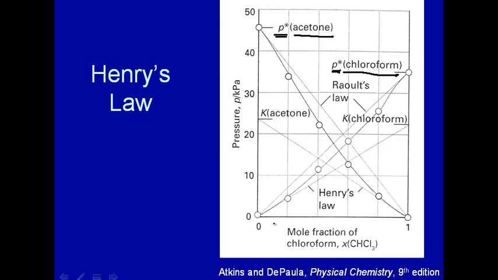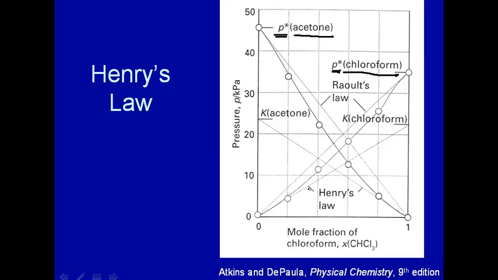Let's look at low concentration of chloroform, where we're considering chloroform as the solute. What you find is that at low enough concentration, you get a linear function, starting at 0, which means that the vapor pressure of that component above the solution is proportional to the mole fraction in the solution. That's just Henry's law.